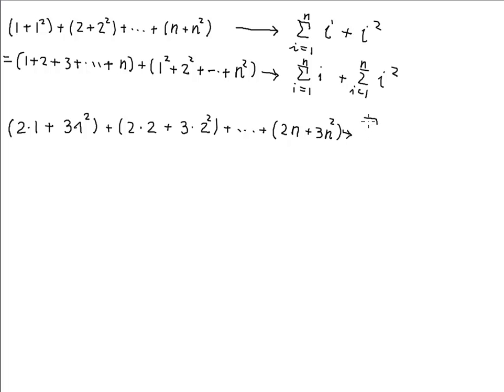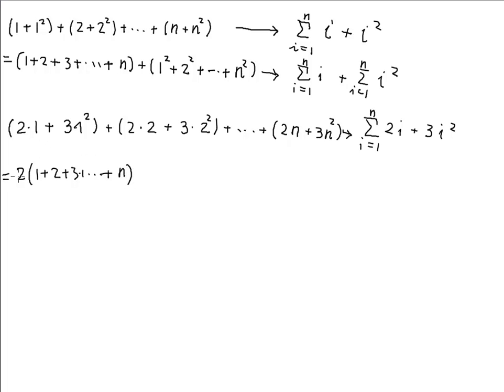Okay, and use the sigma notation. This is simply sigma over here, and i goes from 1 to n, and we have over here 2i, and then plus over here we have 3i squared. So by the same property, you can pull out the constants 2 and 3. So this one over here is equal to 2 times 1 plus 2 plus 3, and you keep going, 1, 2, 3, and we have over here n.